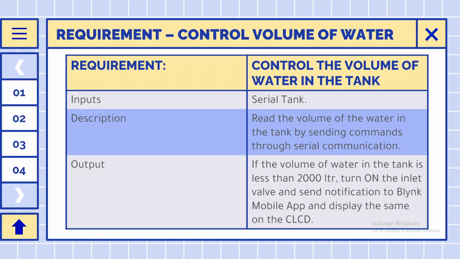The control volume of the water is where if the volume of the water is less than 2000 liters, then the inlet valve button will be turned on and a notification will be sent to the Blink mobile app, and the same will be reflected on the CLCD.